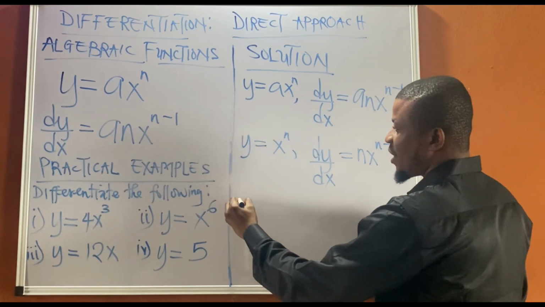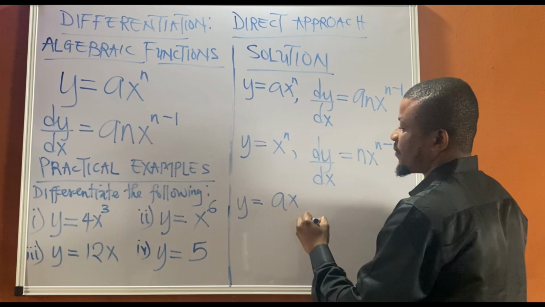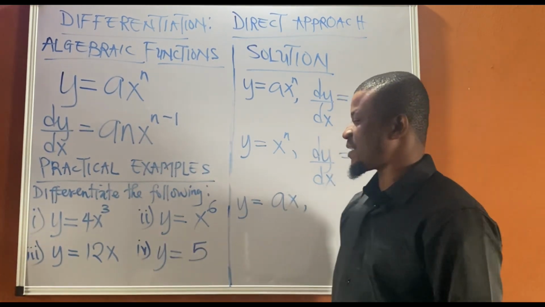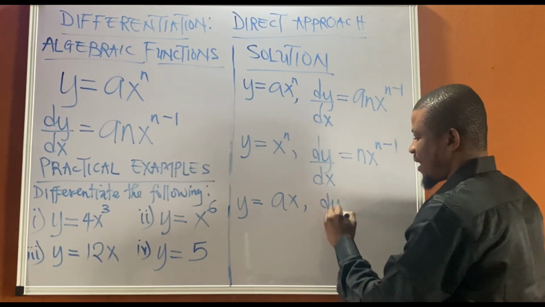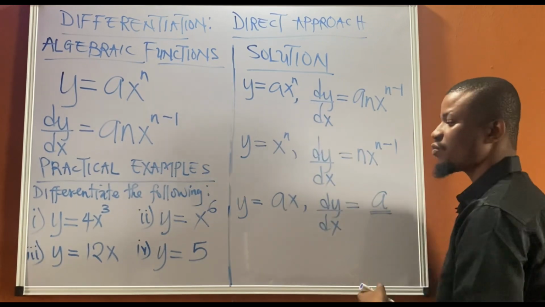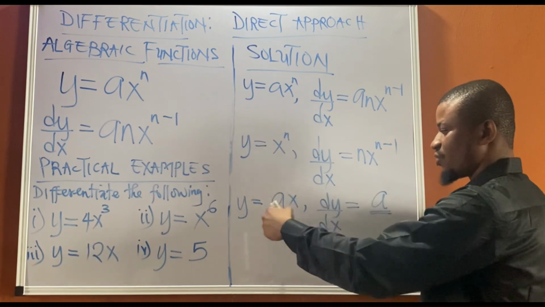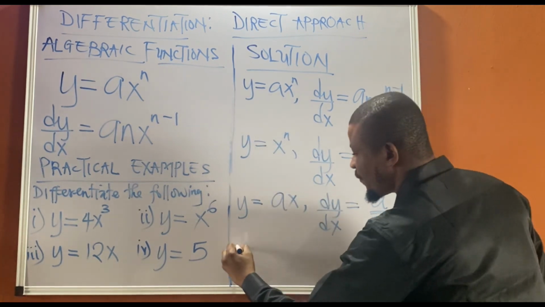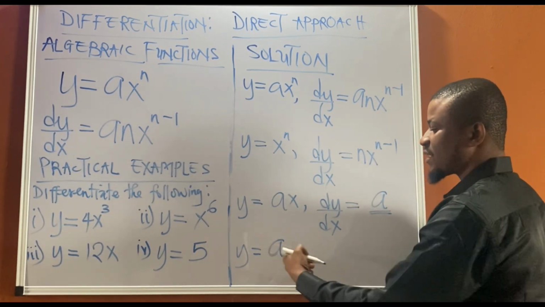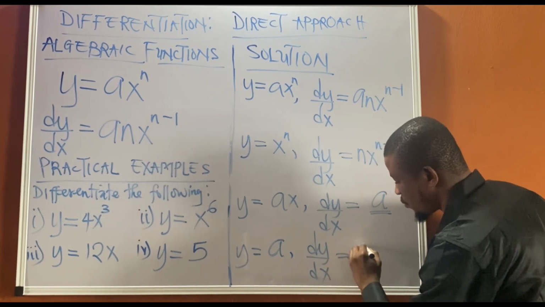If you also have a case where y equal to ax, where n is 1, as we can see in this example, dy dx is simply the coefficient a. So whenever you see a function ax, a coefficient x, its derivative is just the coefficient. And if you see any function of this form, a constant form, dy dx is equal to 0.